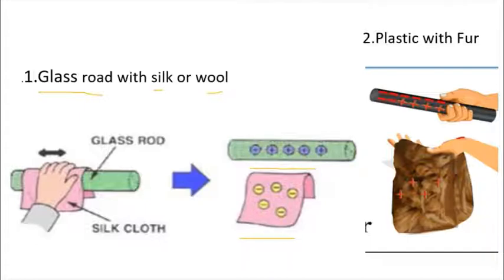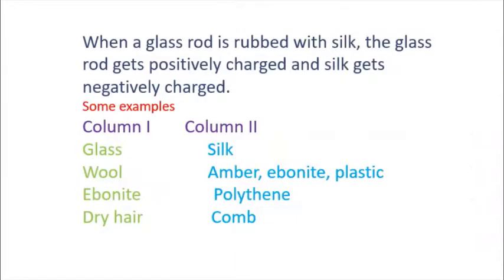Similarly, when plastic is rubbed with fur, plastic will develop negative charge and fur will have positive charge. Some more examples of pairs of materials are shown in columns 1 and 2.